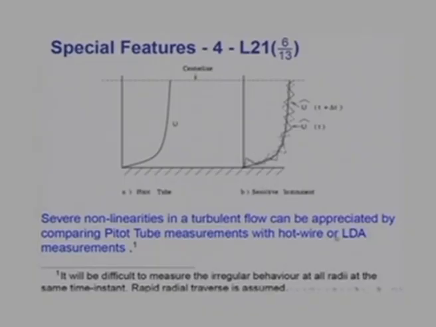Nowadays, instead of hot wire, people use laser Doppler anemometry for measurement of unsteady motion. If you were, however, to time average, or take the average value of u at each point and draw a curve, then you will find that at different times the curves will simply overlap each other.